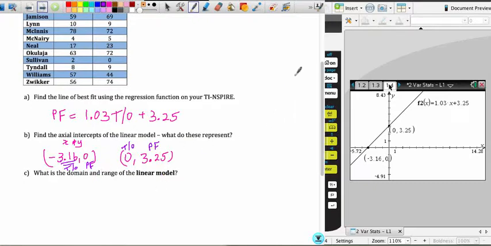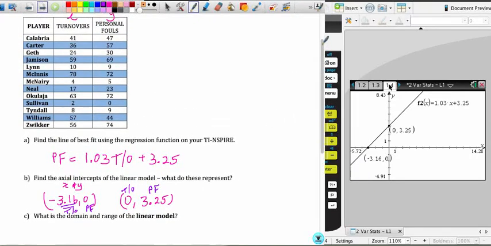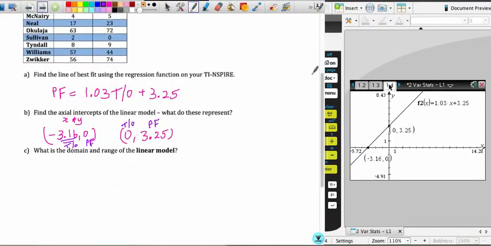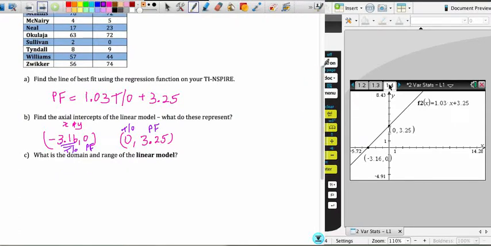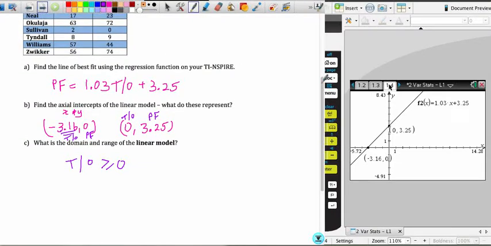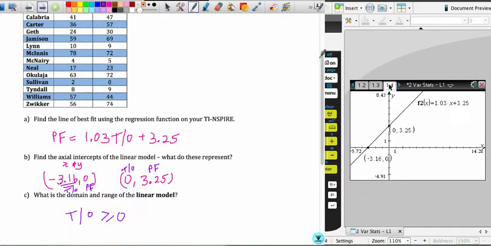Of course, if you consider what this represents, then a realistic domain and a realistic range would be that x, or the number of turnovers, should be greater than or equal to 0. Of course, you could have no turnovers at all, and similarly, the number of personal fouls in the context of the model would be everything 3.25 or above.